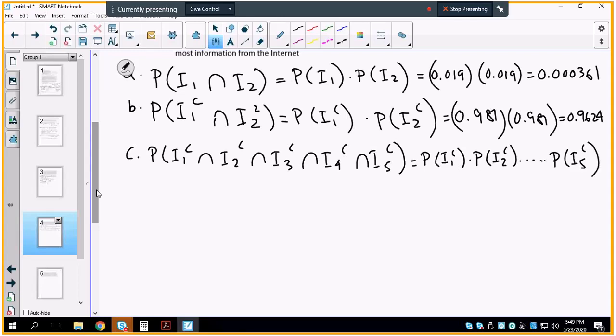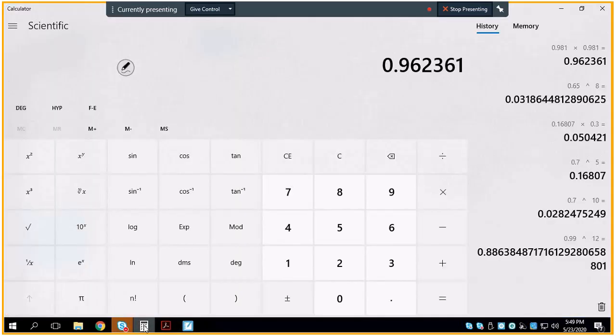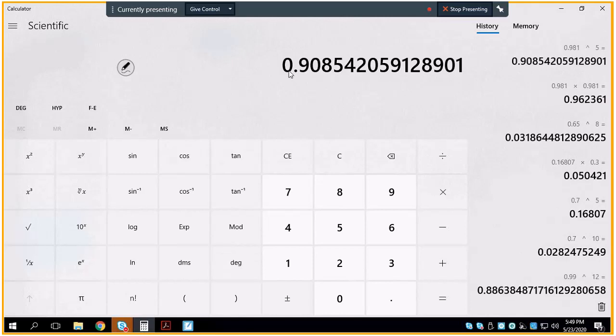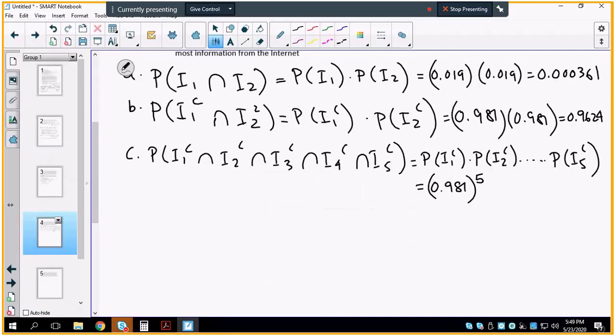Each of them are 0.981 and I have 5 of them, so I do 0.981 to the power 5, and I'm going to do that number in calculator as well, round to 4 decimal places. So 0.981 to the power 5 rounded to 4 decimal places is 0.9085, and that is the answer.